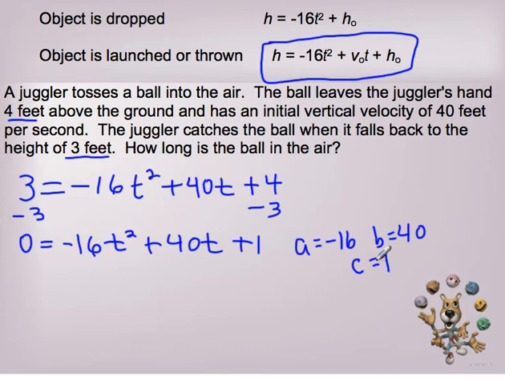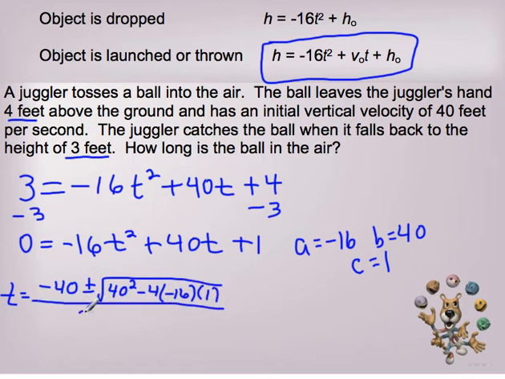So now when I go to plug in, okay, I'm going to have t equals the opposite of b, so negative 40, plus or minus the square root of 40 squared minus 4 times negative 16 times 1. Okay, we'll finish that square root. All over 2 times negative 16.